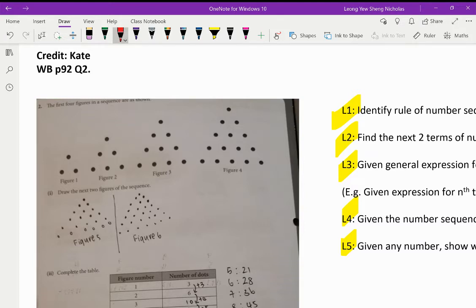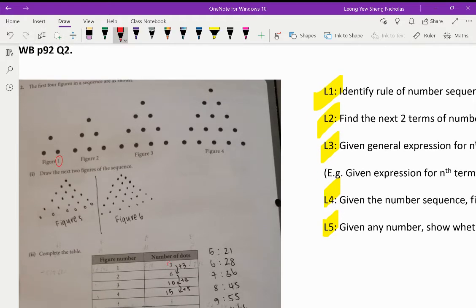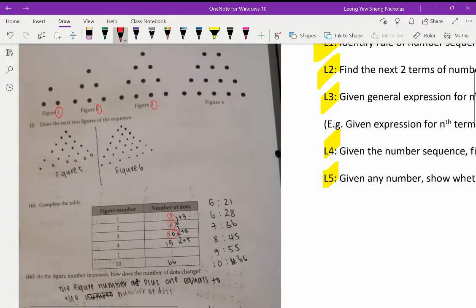Okay, so for question 2, we need to identify what is the rule. When it's figure 1, there are 3 dots. When it's figure 2, there are 6 dots. When it's figure 3, there are 10 dots. So Kate has found a pattern.